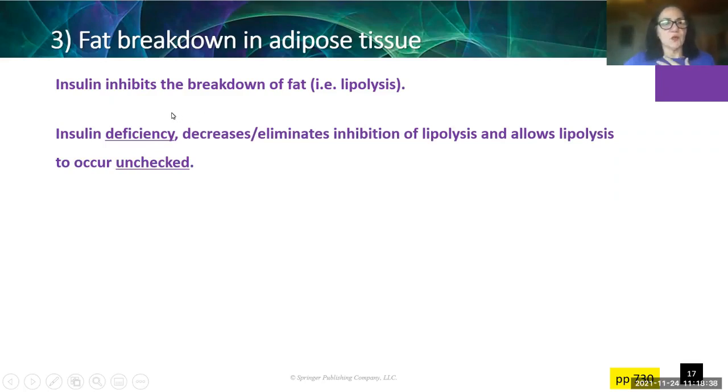So if there's a small amount of insulin, a decreased amount of insulin, that's good. If there's absent insulin, a deficiency, not even close to the normal amount of insulin, that is a crisis, because this decreases and in fact in some cases eliminates inhibition of lipolysis altogether. And this allows lipolysis to occur unchecked. That means that bodies waste away.